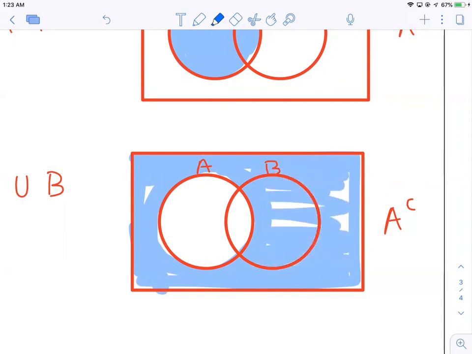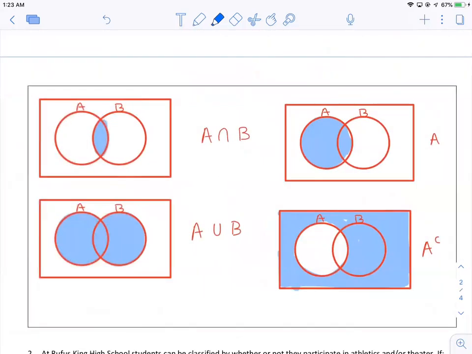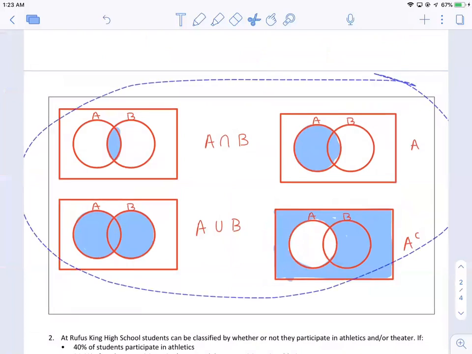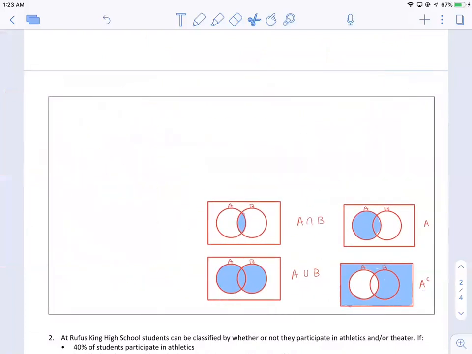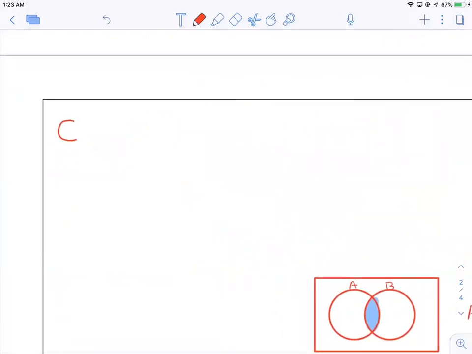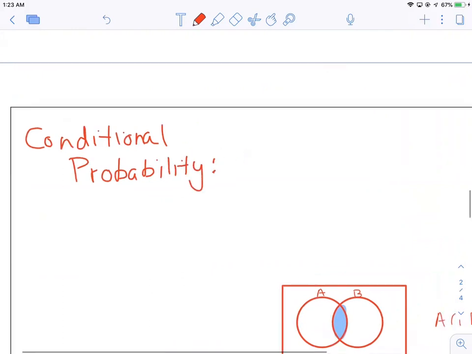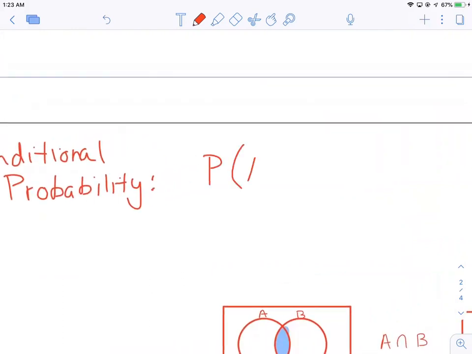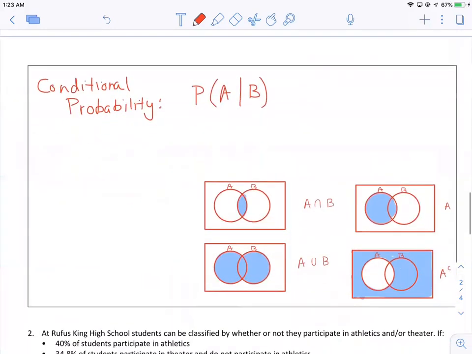So the reason we're doing this is because I want to come up with a formula for conditional probability. And what we're doing here is hopefully going to help us. So let's come up with a formula for conditional probability. Let's say I wanted the probability of A given B. Well, what is that going to look like on our Venn diagram?